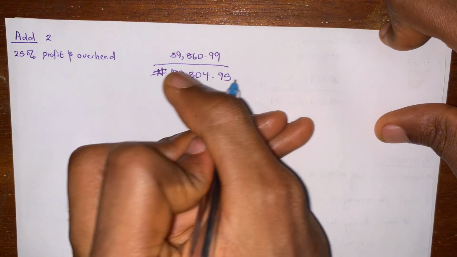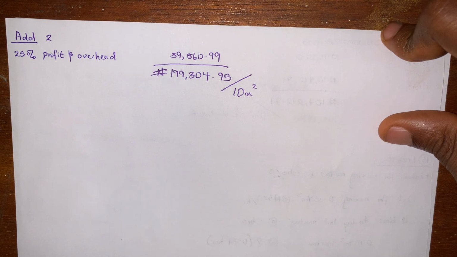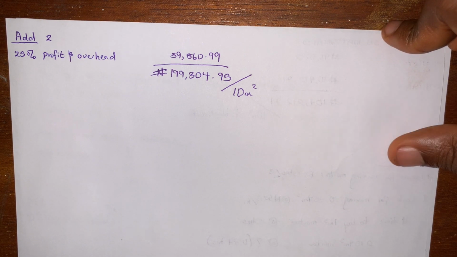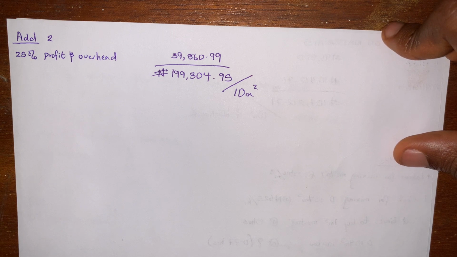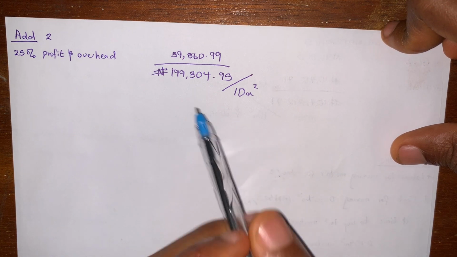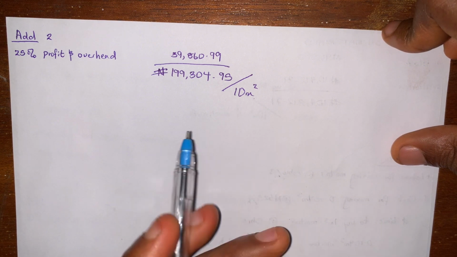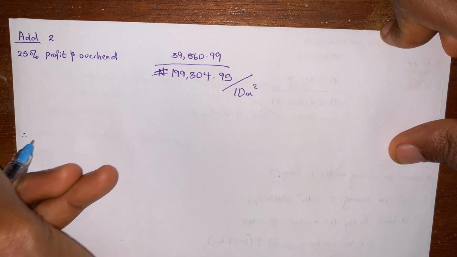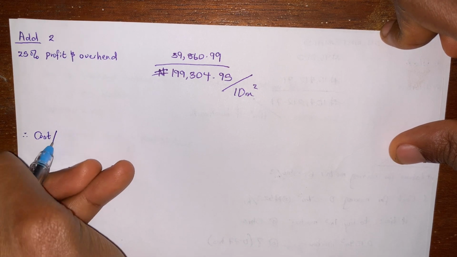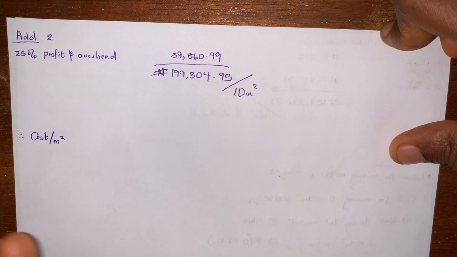So this will be the contract price for 10 meters square of block work. But mind you, our BOQ says that we should measure in cost per meter square of block work. So since this is the price for 10 meters square of block work, what will now be the cost for 1 meter square? We can now say therefore cost per meter square will be this price divided by 10 meters square.